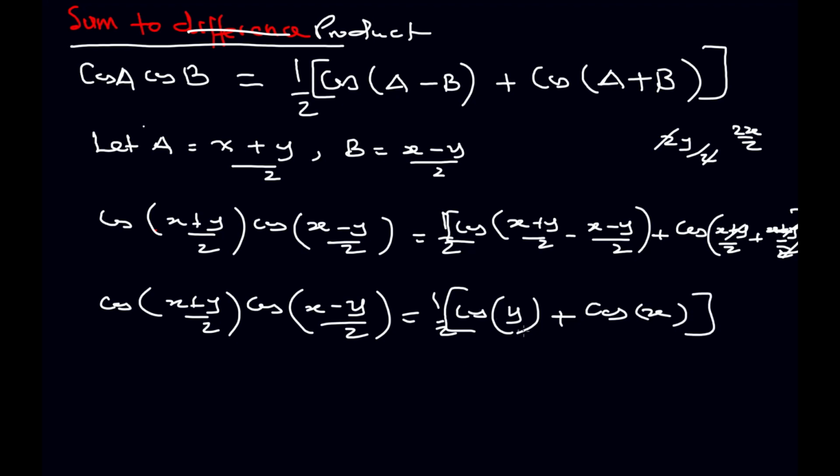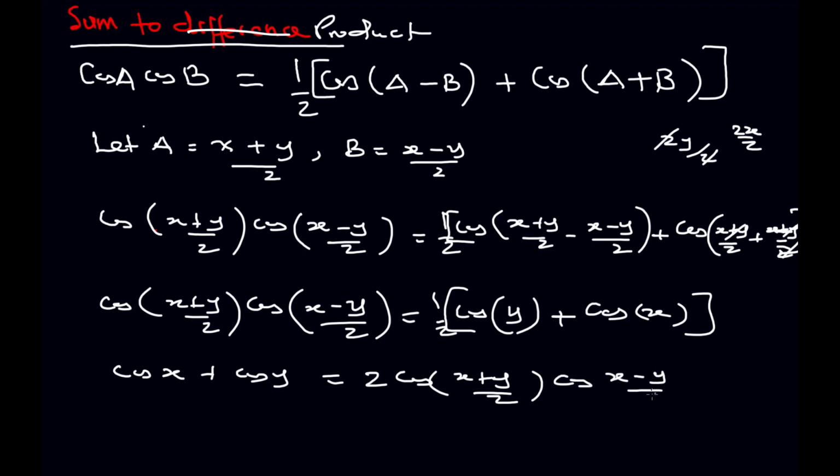Meaning that we can solve for these two, so we'll have cos x plus cos y equal to, then we're going to multiply the 2 with the half here, 2 cos of x plus y over 2, then we'll have cos again of x minus y over 2.